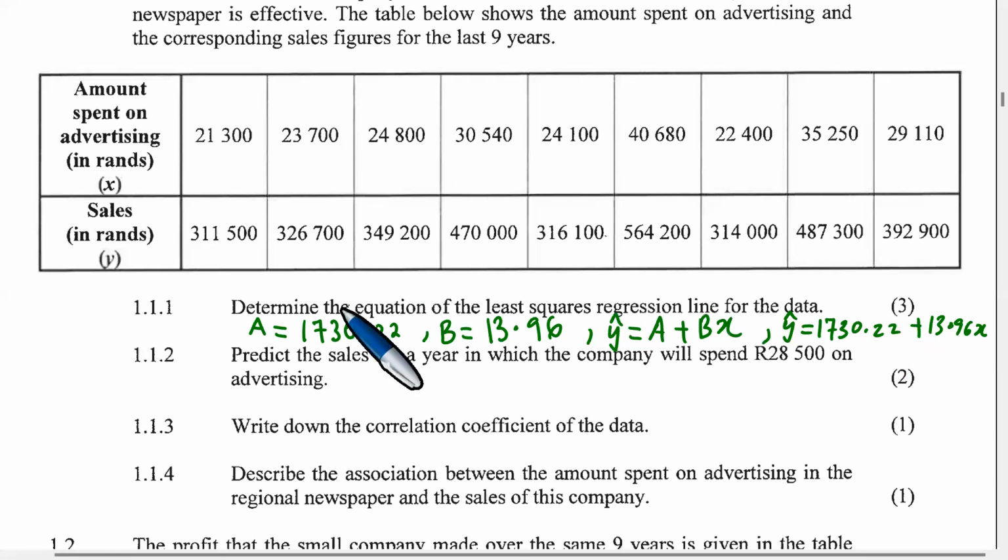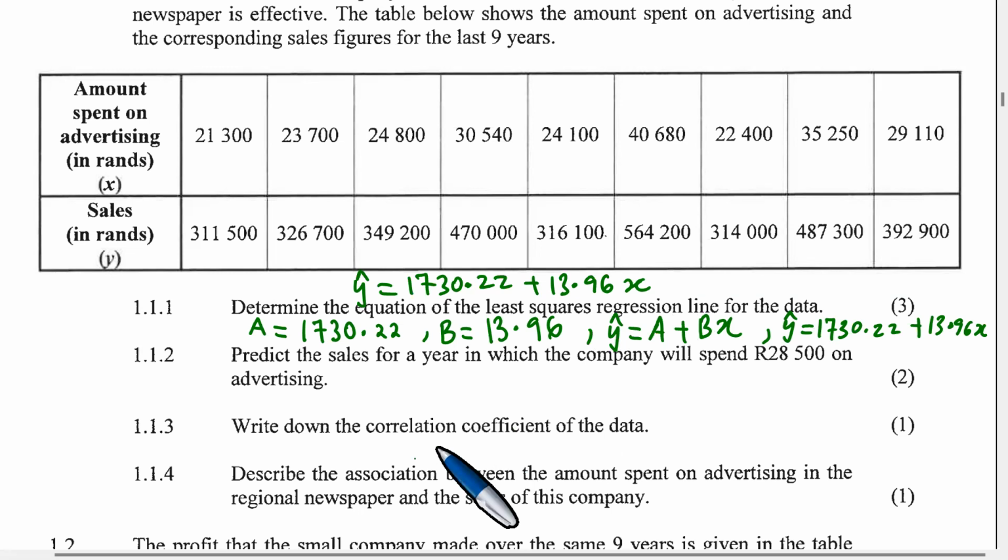So the equation of the least squares regression line, if I write it here, is Y hat equals 1730.22 plus 13.96 X.